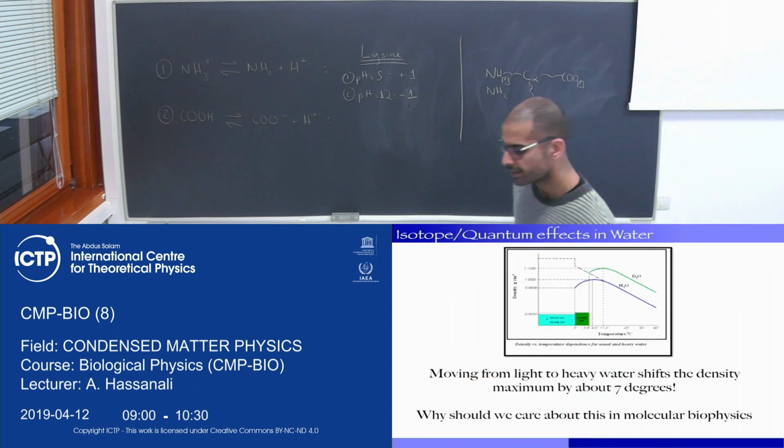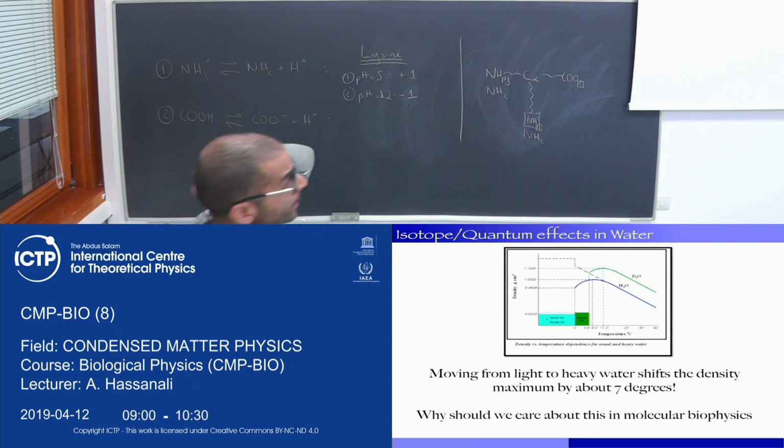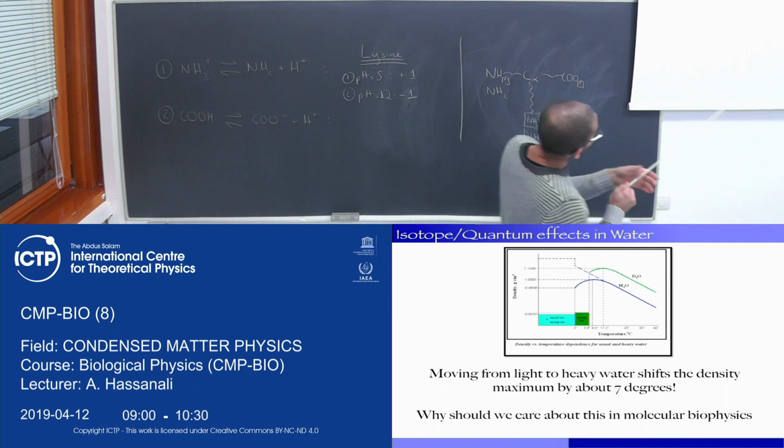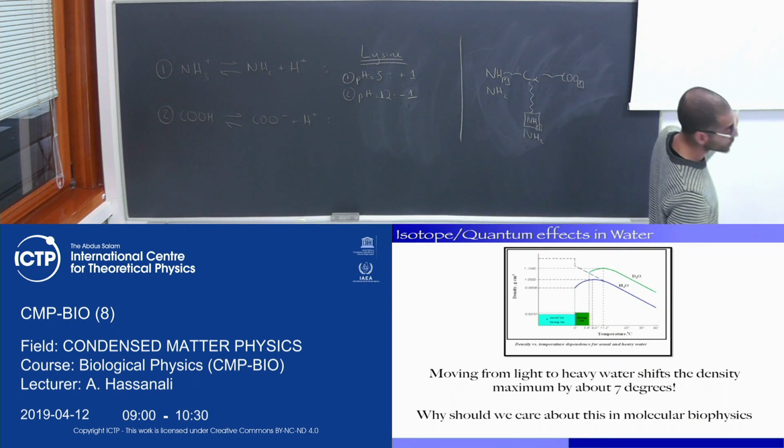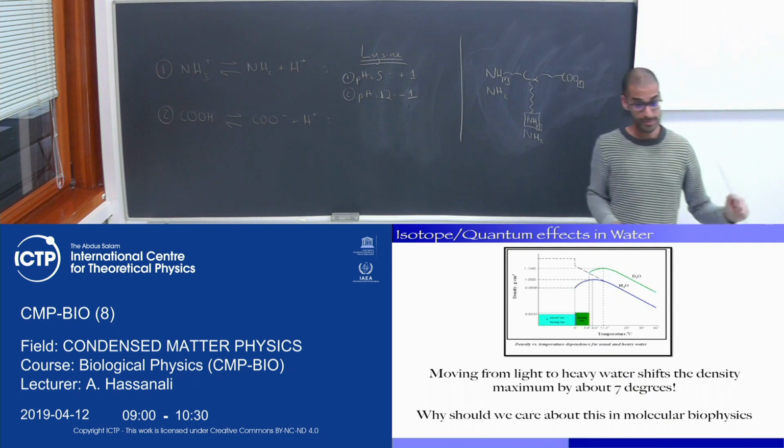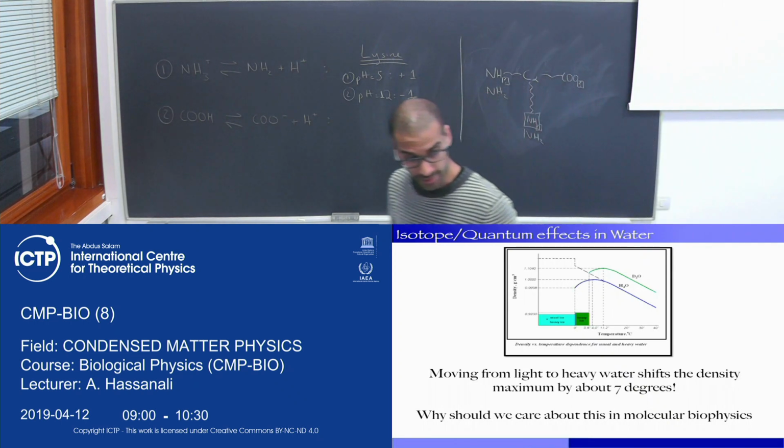Something that is, I'd say, less appreciated in biology is the role of isotopic quantum effects. So this is the density temperature dependence of H2O and D2O. Okay, D2O is the isotope of water.